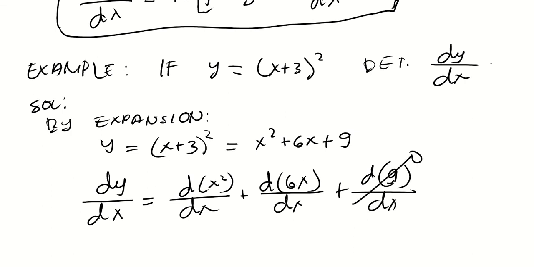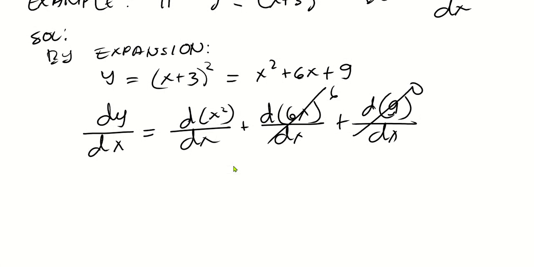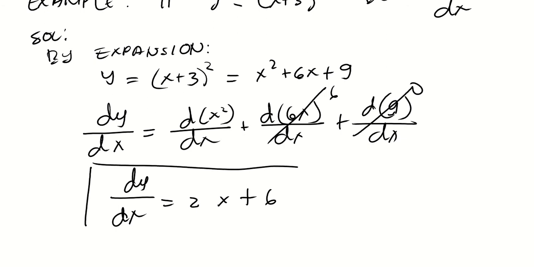So this will be equal to 2x, this will be equal to 6, and this will be equal to 0. So dy/dx will be equal to 2x plus 6, and it's done. That's the derivative of y with respect to x, the derivative of (x + 3) squared.